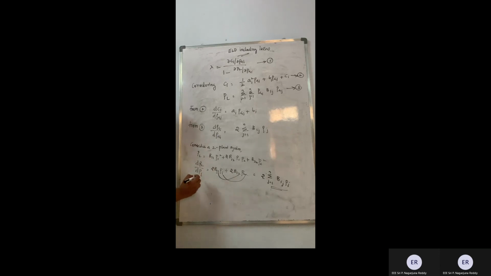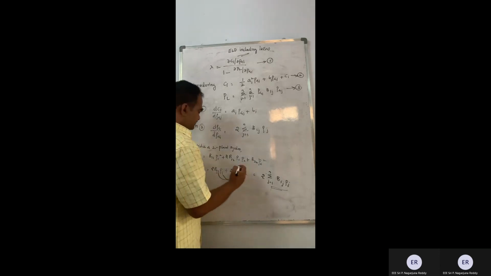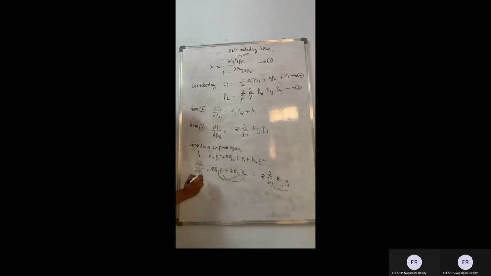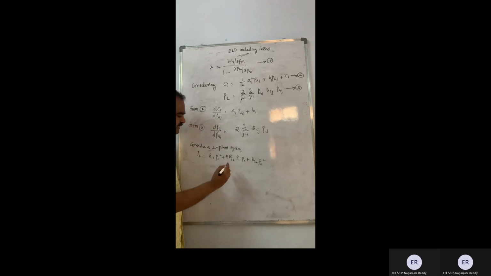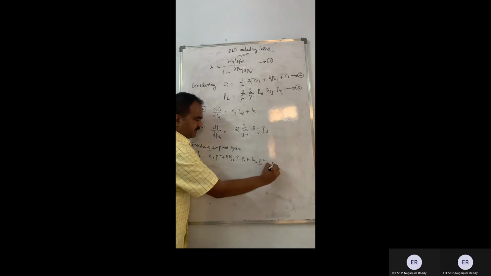You can verify it even for a 3-plant system. So for a 3-plant system, what will we be getting additionally here?